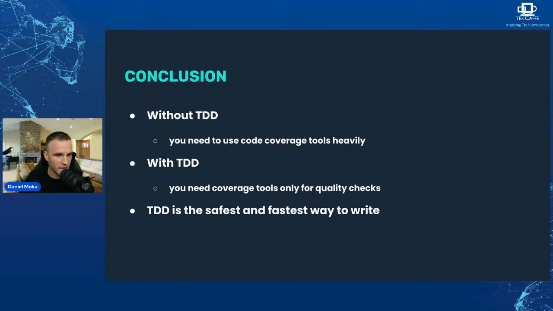But with TDD, you need to use coverage tools only for quality checks, because we are humans making mistakes. So it's wise to execute these from time to time. So the conclusion: TDD is the safest and the fastest way to write code.